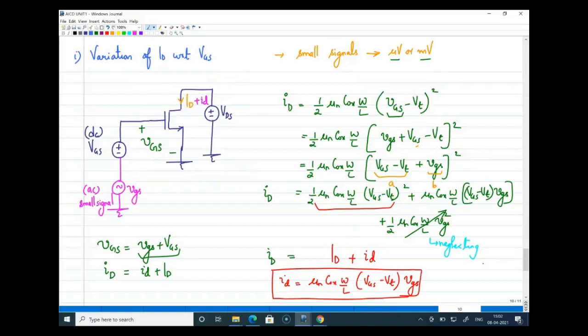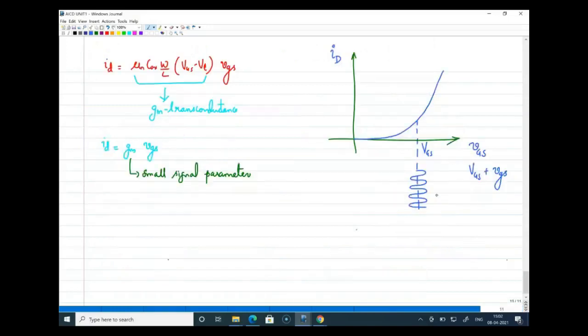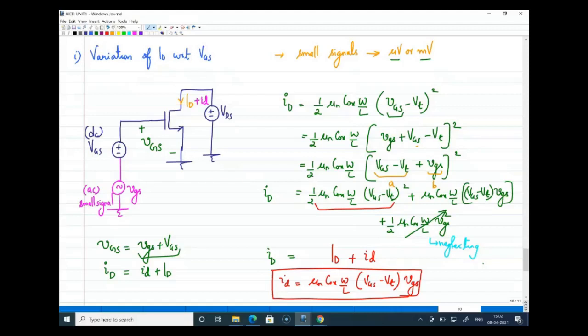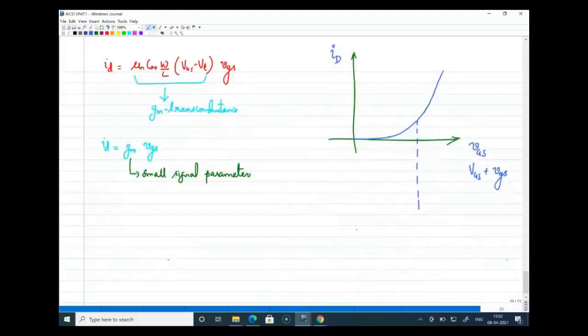The same thing here also. Let me use another color just to correlate. Capital VGS is here in blue. This is the DC voltage, and on the DC voltage you are applying a small vgs, which is the AC voltage.